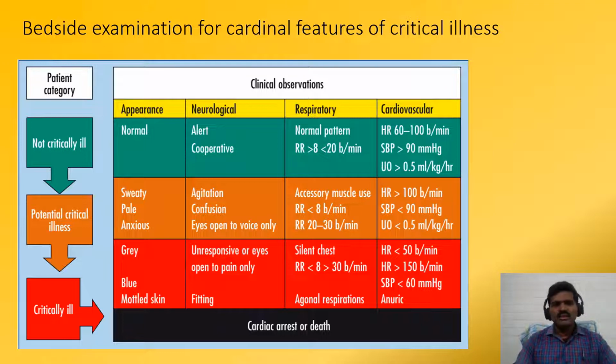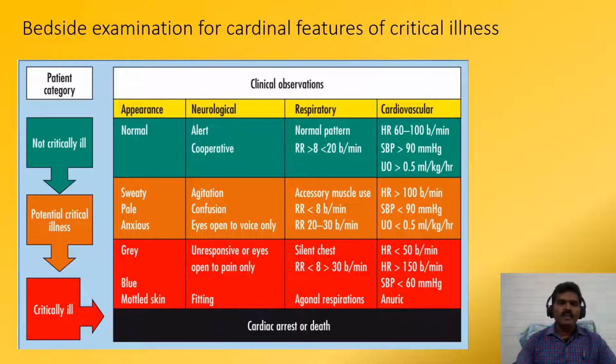There will be accessory muscle use in the respiratory system. Respiratory rate either less than 20 breaths per minute or 20 to 30 breaths per minute. Usually patients have tachycardia, heart rate greater than 100 beats per minute. There's reduced BP, less than 90 millimeters of mercury systolic BP, and reduced urine output, which is less than 0.5 ml per kg per hour.